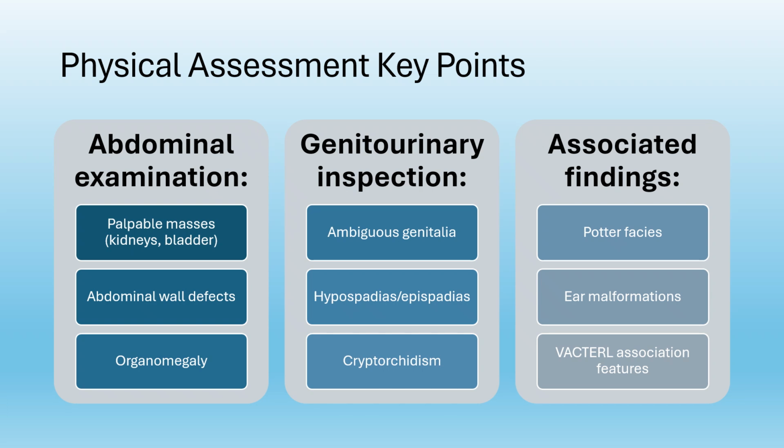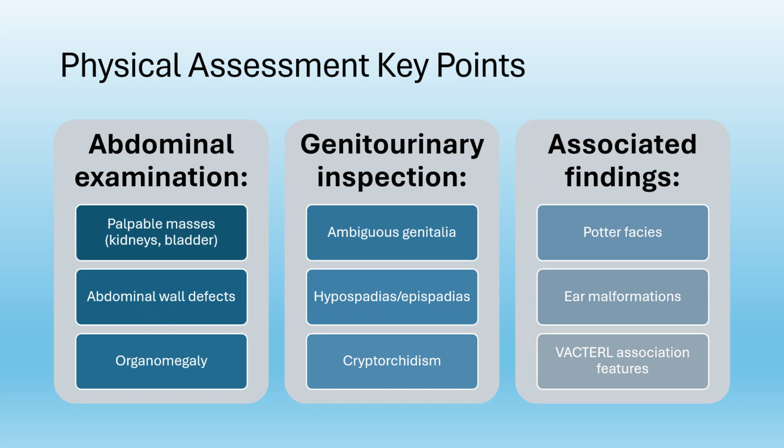Genitourinary inspection reveals critical associations. Ambiguous genitalia immediately triggers comprehensive evaluation, including renal imaging. Why? The urogenital system develops from common embryologic structures. Disorders affecting genital development often impact renal formation.